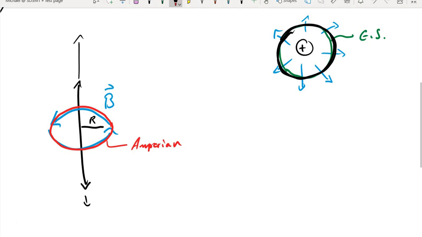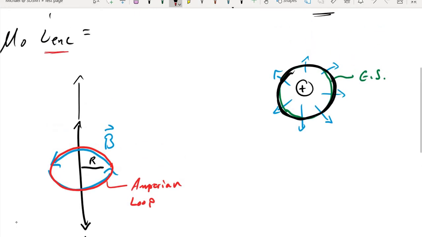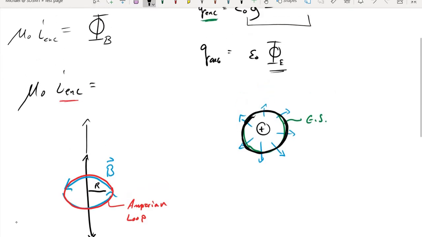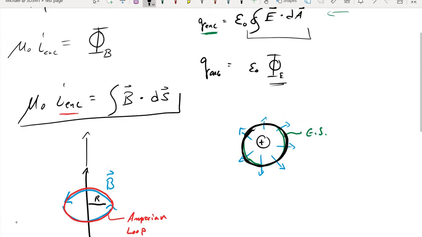And so we're going to give this the name of the Amperian path, or as the book calls this, the Amperian loop. This is a loop that goes around our current, so it encloses the current. But then we have to add up all of the magnetic field that traverses the path of that Amperian loop. And we've kind of gotten into the habit of using S for arc length and path length. And so that's what we're going to do in the case of Ampere's law.